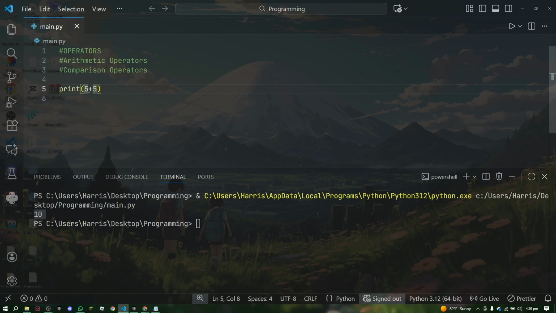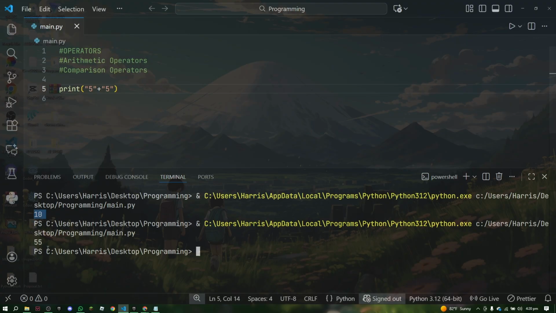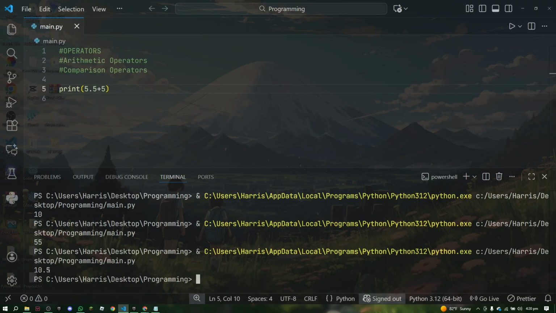But if I were to go "5" and "5", now these 5s are strings, not integers. So if I run this, the output's going to be 55, which is wrong. That's why you want to make sure that whenever you're using these operators, your value is either an integer or a float. So if you do that, boom, gives you the right answer.